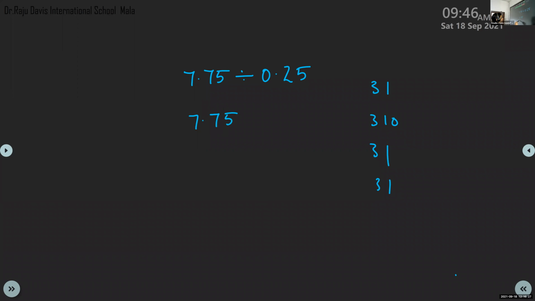7.75 divided by 0.25. How many decimal places are there in the denominator? 2. So with what number do we have to multiply? By 100, because 2 decimal places are there. We have to remove them, so with 100, which carries 2 zeros.